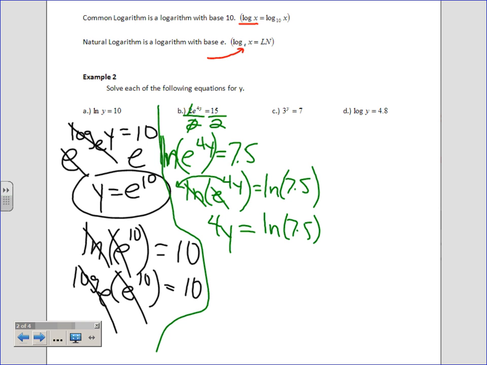But y is not by itself yet. Divide by 4. Now, if you're asked for the exact answer, well, natural log of 7.5 divided by 4, that's the exact answer. But a lot of times you want some kind of decimal. And what is that decimal?